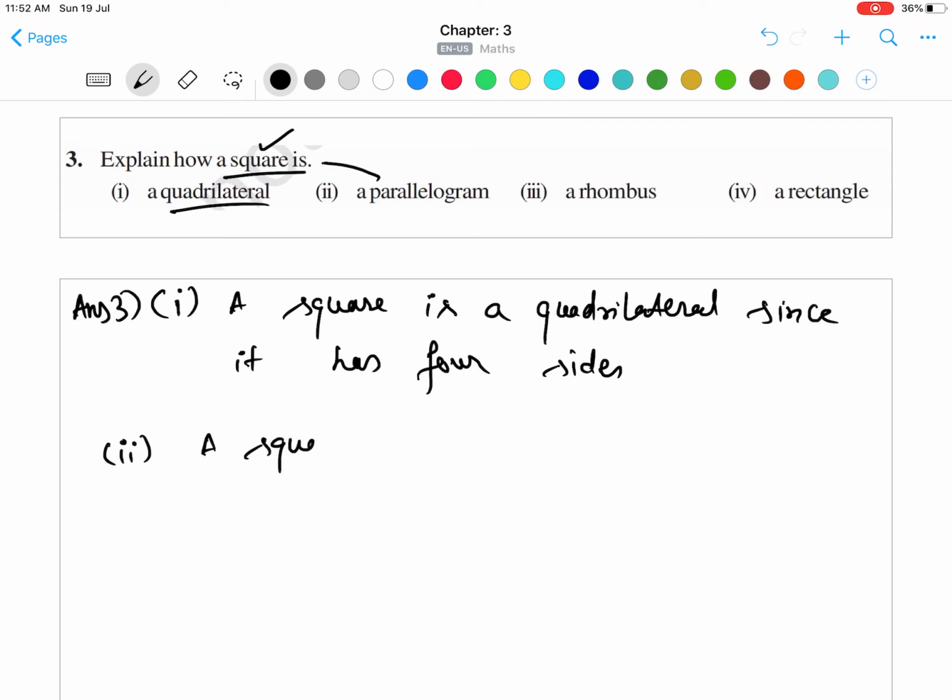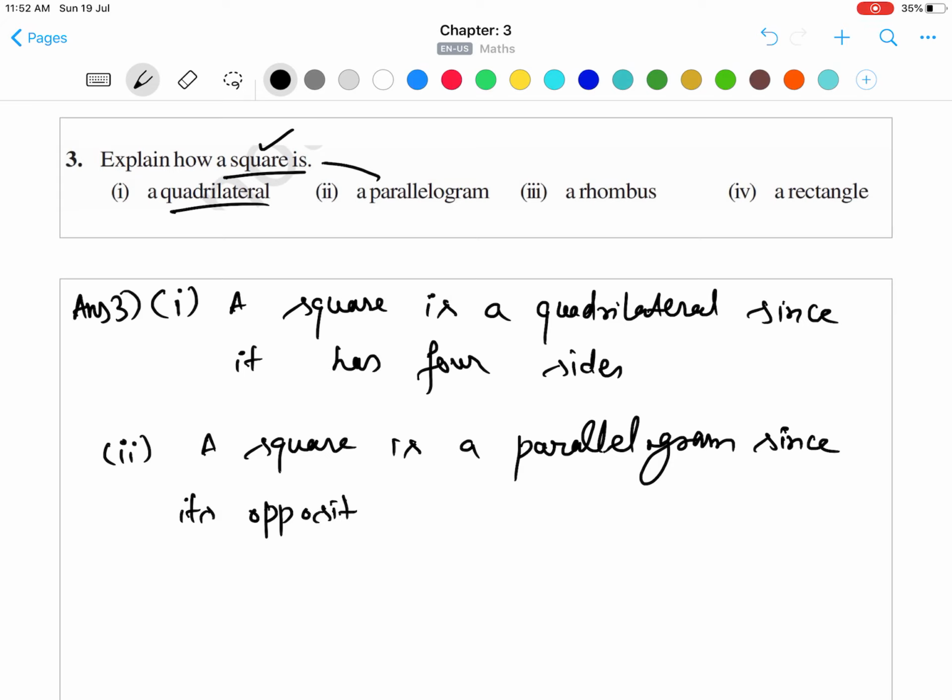So write a square is a parallelogram since its opposite sides are equal and parallel to each other.